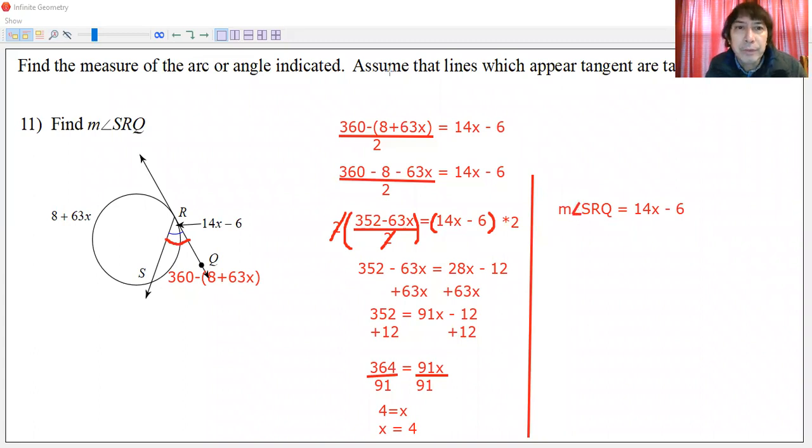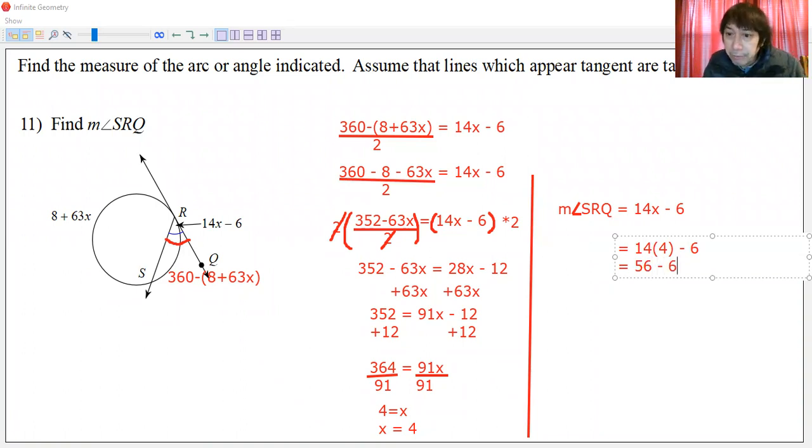All right, so solve. Substitute the x there. This is equal to 14. 14x minus 6 means 14 times x. That means 14 times our x, which is 4, minus the 6. So how much do we get there? That'll be 16, and that's 56. Yes, 56 minus 6.